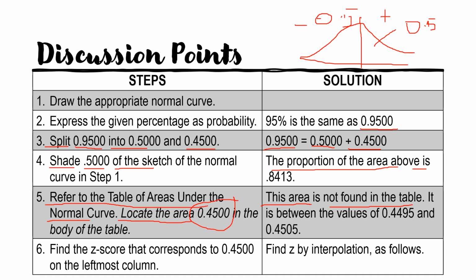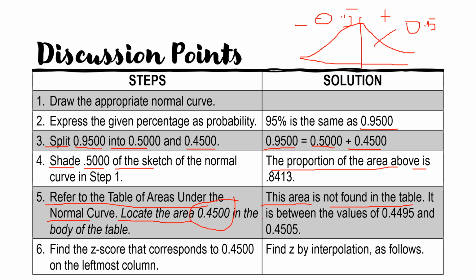So we need to look for the area that is almost there. It can be greater than 0.45 or less than 0.45, but these are areas next to, or before, 0.45.